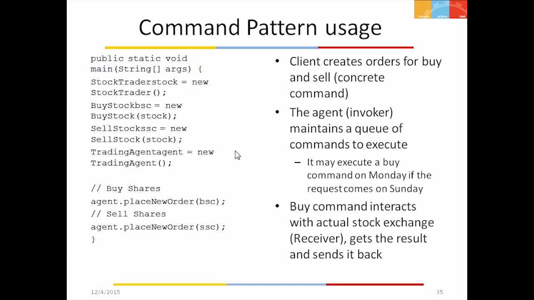There might be multiple stock exchanges, and depending on where it gets executed, it can get a result back. So this buy command can wrap multiple receivers as well, but this whole thing is completely shielded from the user. The user can even say buy at the best price. That logic will possibly be there with the buy command.